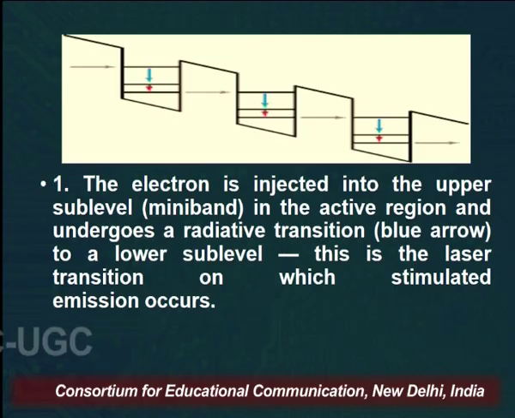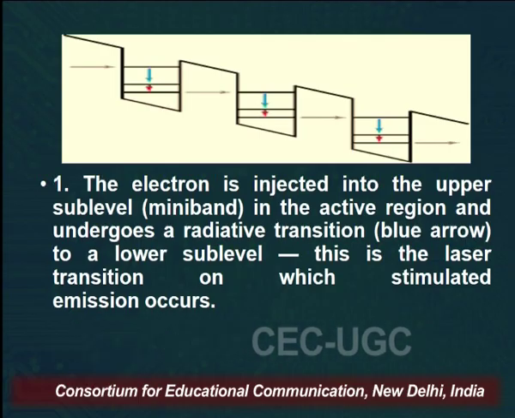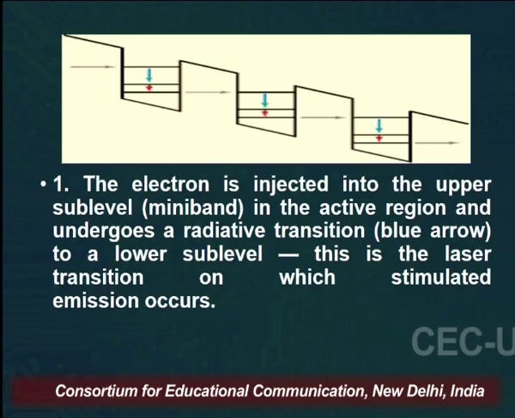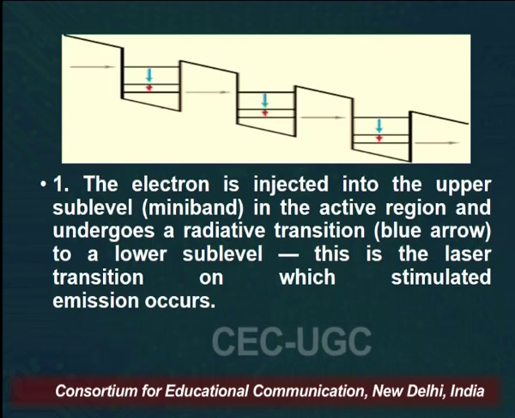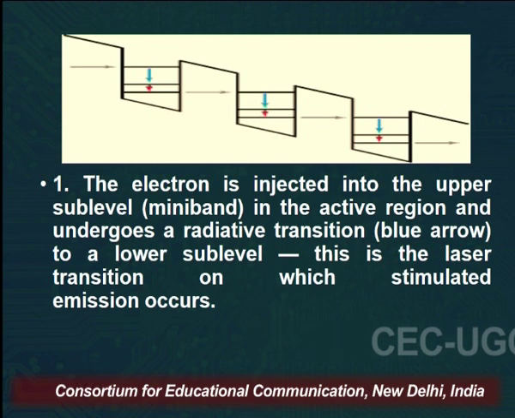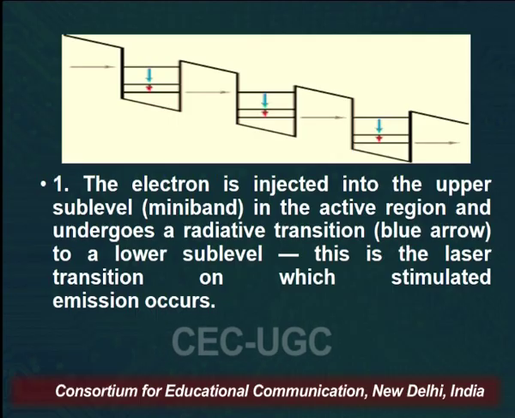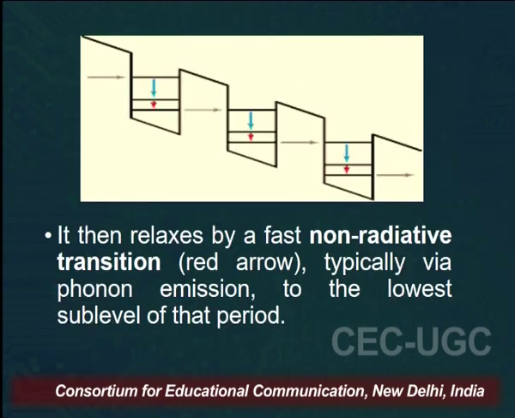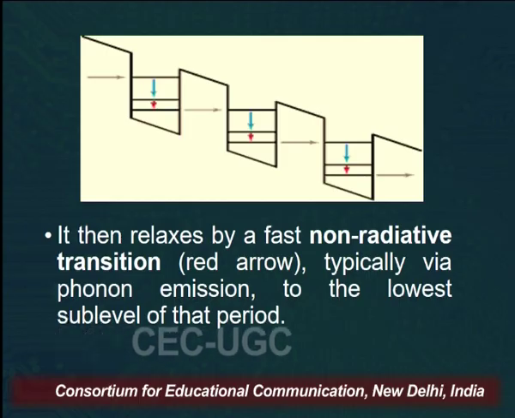Radiative transition means it gives the laser action. This is the laser transition to the lower sub levels, on which stimulated emission occurs. Basically, the blue arrow represents the transition from the upper level to the lower level, and that produces the lasing action. Then, at this sub level, the electron relaxes quickly and goes to another sub level.